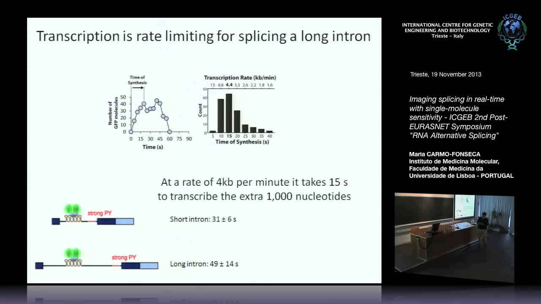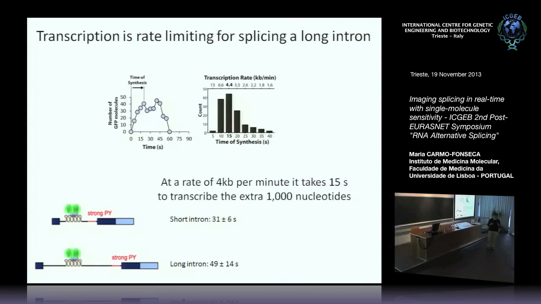In order to get a clue to transcription rate using our live cell imaging, what we did was to calculate how long it takes for the fluorescence to come from background level to maximum level. In calculating these time lapses, we come up with rates of transcription in the range of 4 kb, which fit many other studies that have been published.